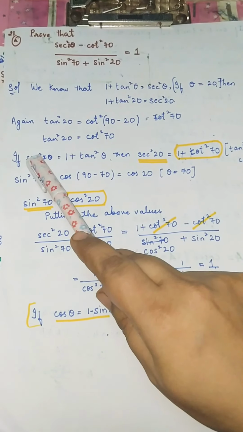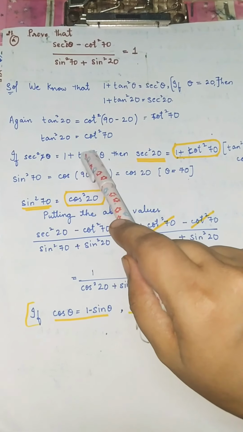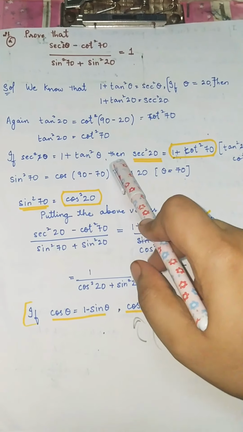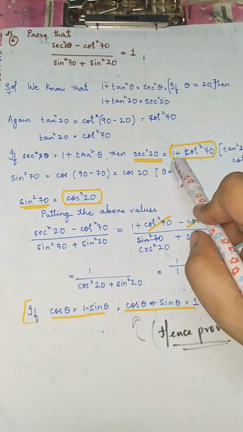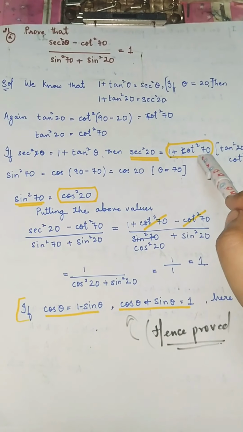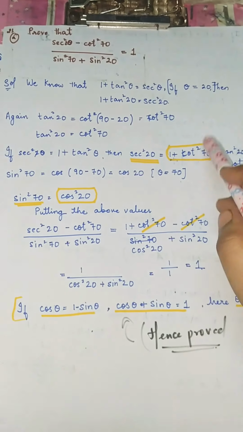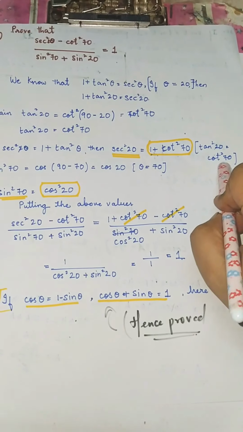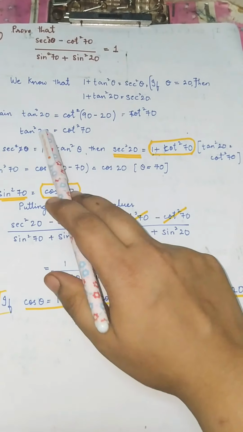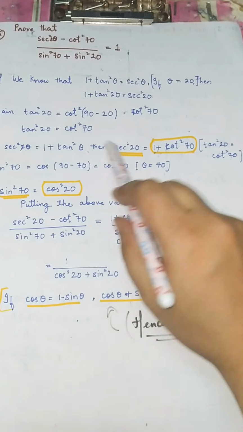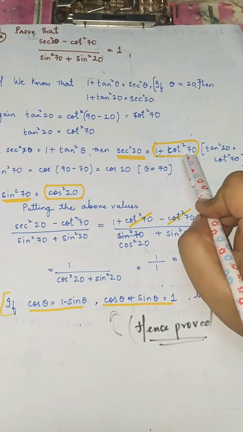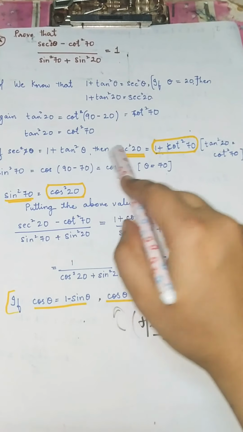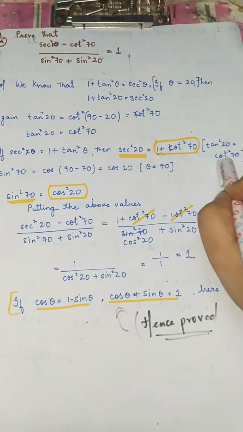If sec square 20 is equal to 1 plus tan square 20, then sec square 20 is equal to 1 plus cot square 70. Okay, now we know that tan square 20 is equal to cot square 70, so instead of tan square theta we have to take cot square 70.